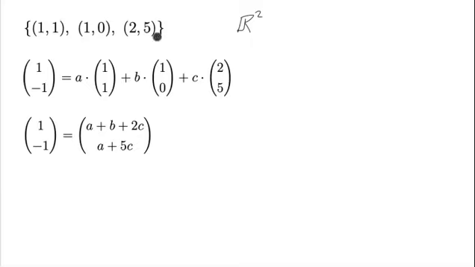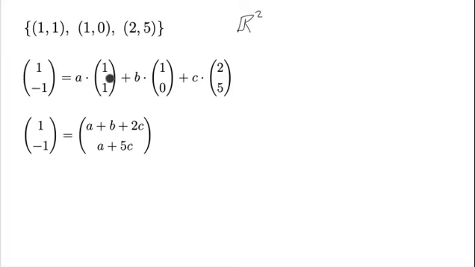Anyways, so basically we know just because this is 3 and the dimension of R2 is 2, that this has to be linearly dependent just by a counting idea. Okay, so we know it's dependent, so we know it's going to work. All right, so let's go for it.